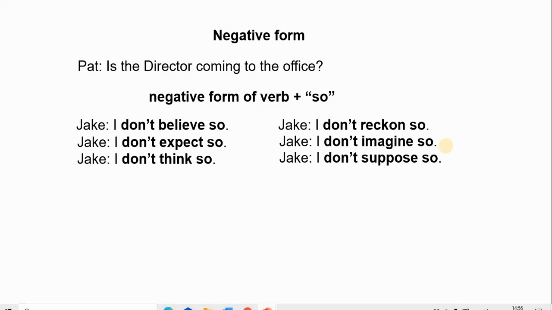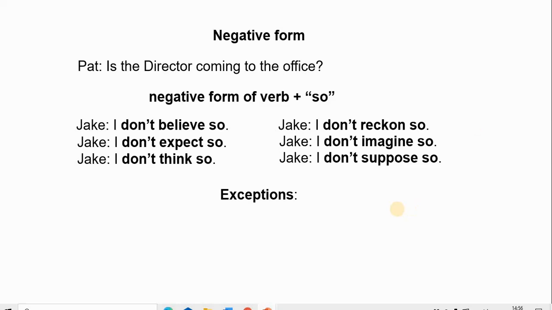Okay? But there are two options. Notice that there are two verbs which are missing here. We only have 6 verbs, but we have 8 verbs earlier. So there is a different form for 2 other verbs. So we have 2 exceptions.